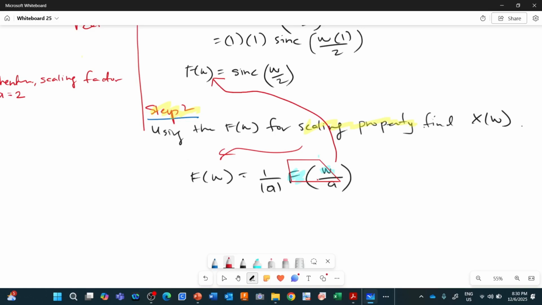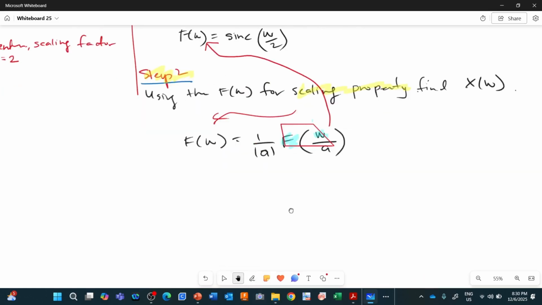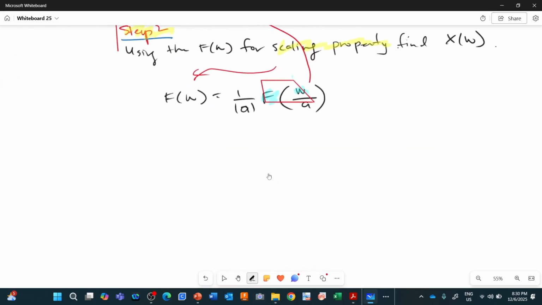Understand? So let's just substitute it, and based on the equation you already know what the A value is. A equal to 2, right? Okay, so A equal to 2. Now we just substitute the value.